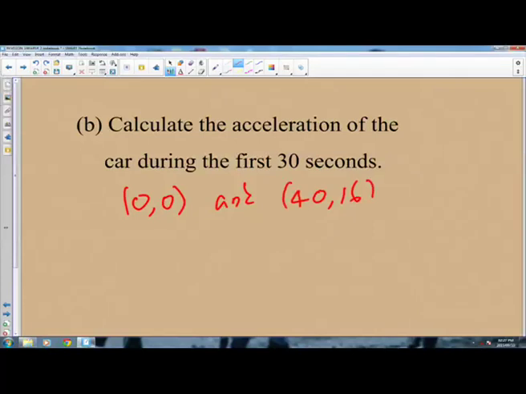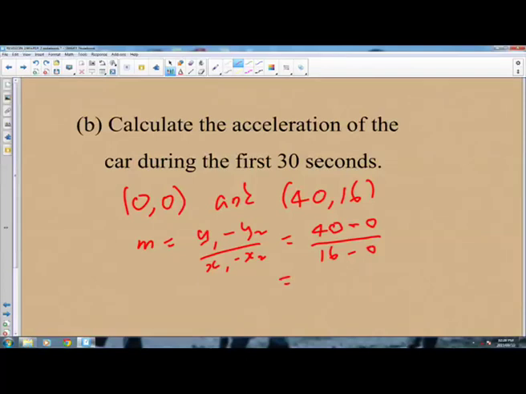And then how do you find the slope of the line given 2 points? To find the slope of the line, which is the gradient, is given as y1 minus y2 divided by x1 minus x2. So this will be 40 minus 0 divided by 16 minus 0.